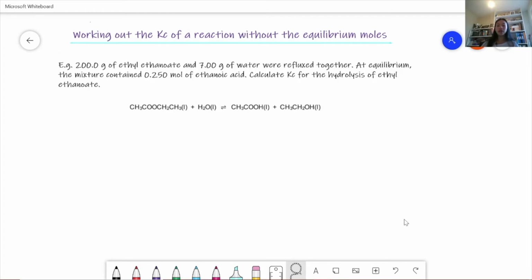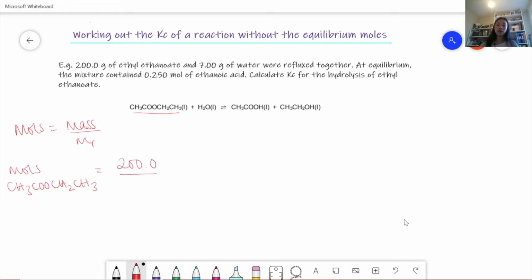So here we have the equation. The first thing I'm going to do is work out the original moles of ethyl ethanoate and water. So we have the equation moles equals mass over Mr. So we can work out the moles of CH3COOCH2CH3, which is equal to 200 grams divided by its Mr, which comes out to be 88, and that's by adding up all the separate Ars.